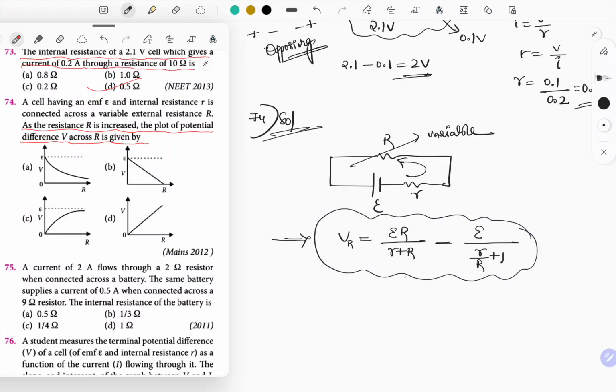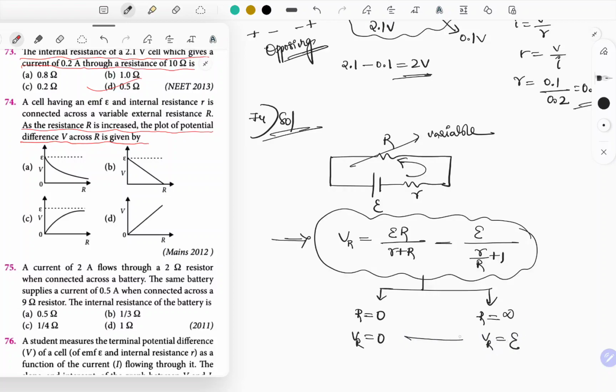Let's vary the value of R in these two cases. For example, if R is equal to 0, then r by capital R is going to be infinity. So anything divided by infinity is going to be 0. So VR is equal to 0. Next thing, if R is equal to infinity, small r by R is going to be 0, then you are going to get VR is equal to E itself.